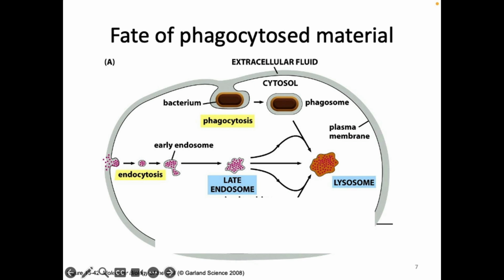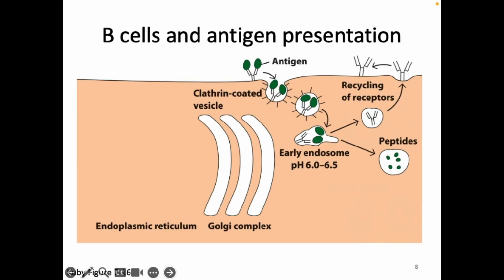And so processes that happen with an endosome and a lysosome are relatively similar. I'm not going to go through all the steps, but eventually we end up with those merging and maturing into a lysosome.